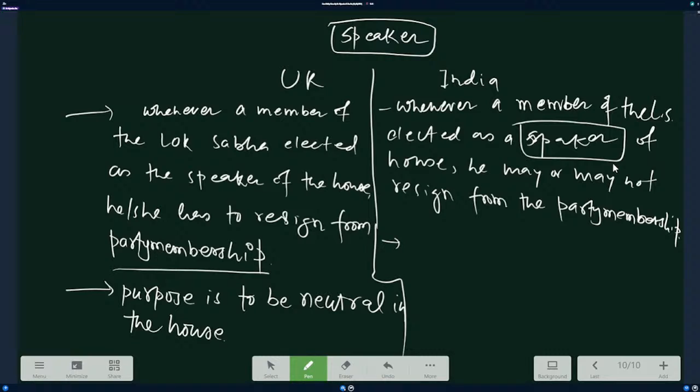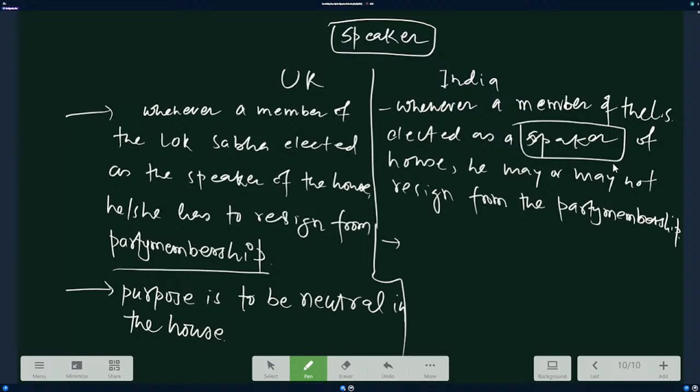What do you think? If a member is elected as Speaker of the House, his party membership should automatically be suspended for the term while he serves as Speaker.